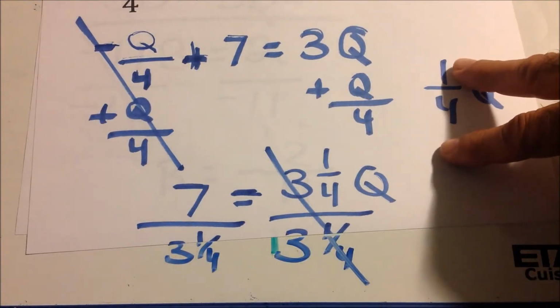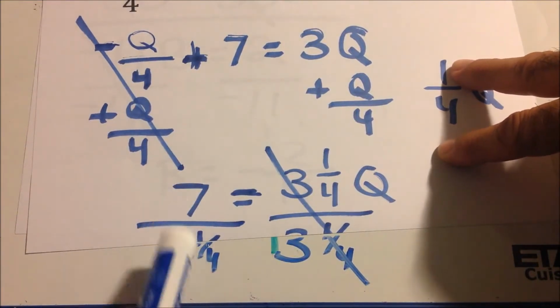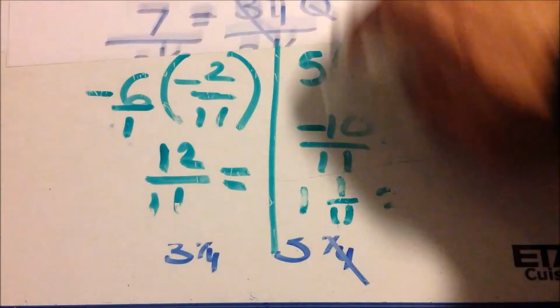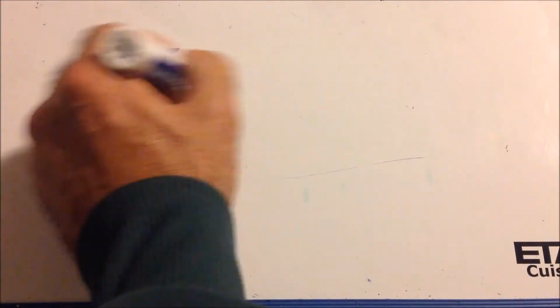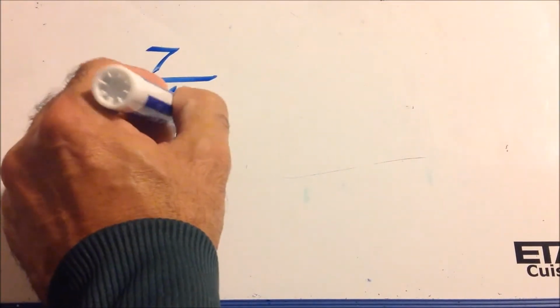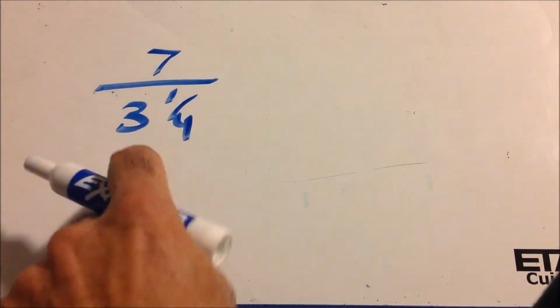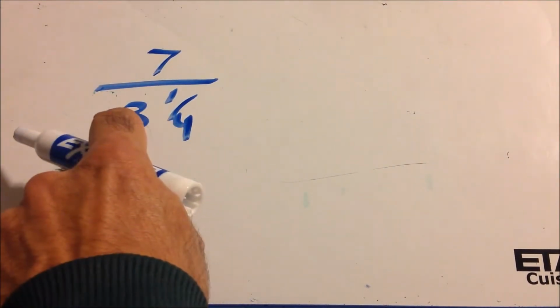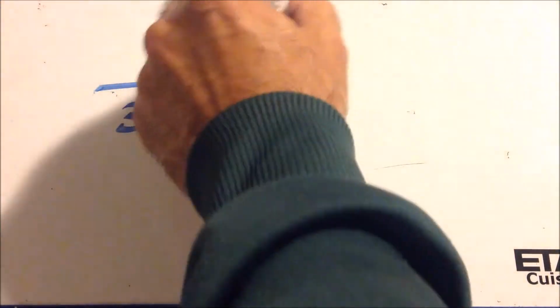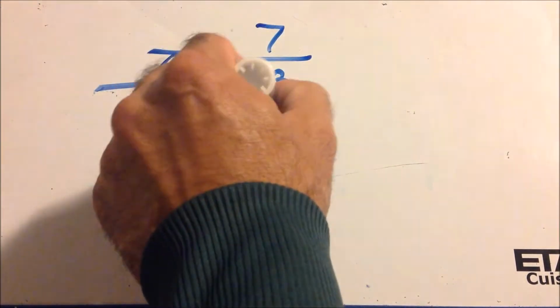So now, let's do this over now. We're going to divide 7 divided by 3 and a quarter. So we'll erase this. And we have 7 divided by 3 and 1/4, which you can make improper. 4 times 3 is 12, plus 1 is 13, so it's 7 divided by 13/4.